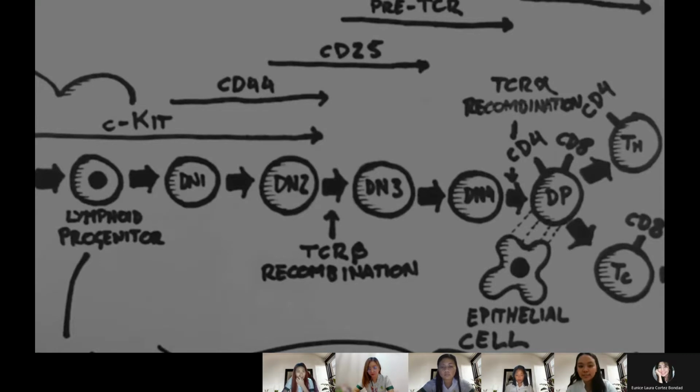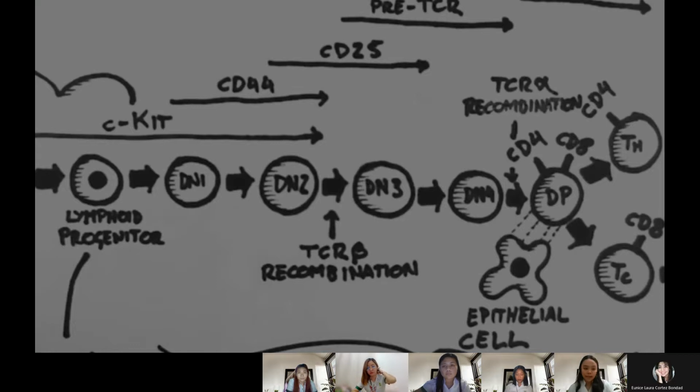So, the first marker that you're going to see is called c-kit. This c-kit is expressed from the stem cell stage up to the double negative 2 stage.